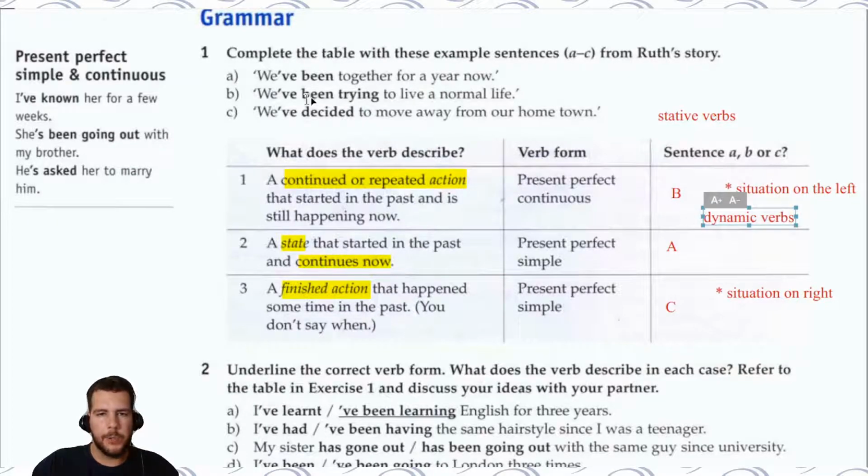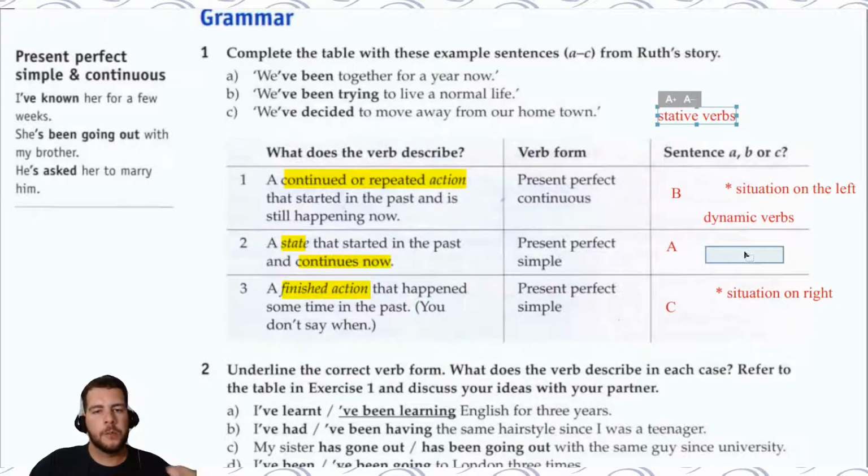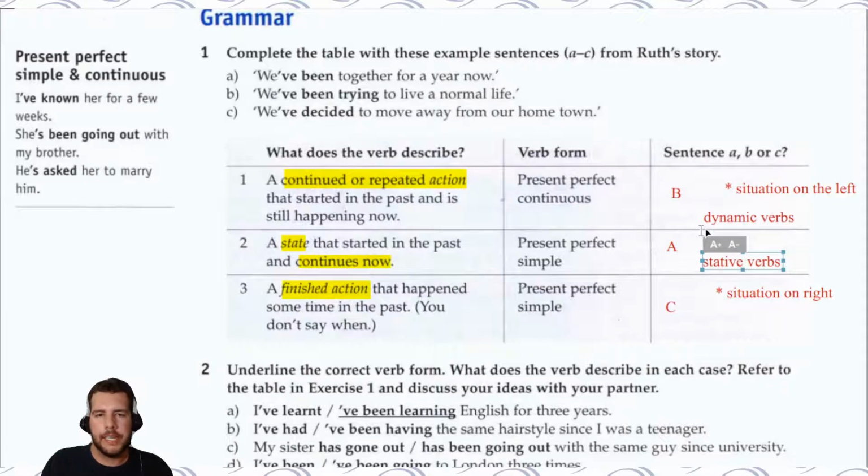In this example here, I've been trying to live a normal life. Yeah? And for the second situation, I state that started in the past. This is clearly stative. Stative verbs are used in this case. For example, we've been together. Be is a very stative verb.